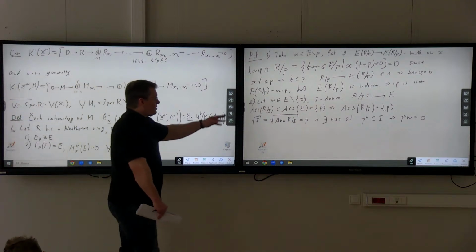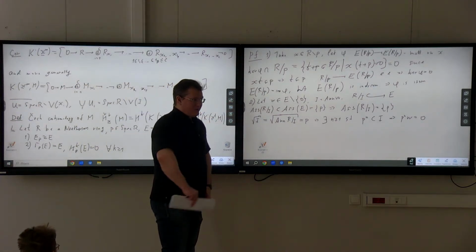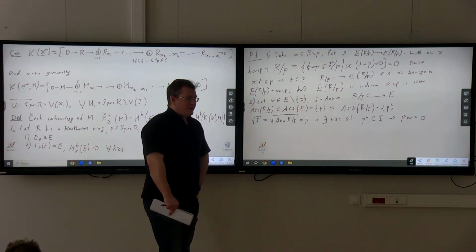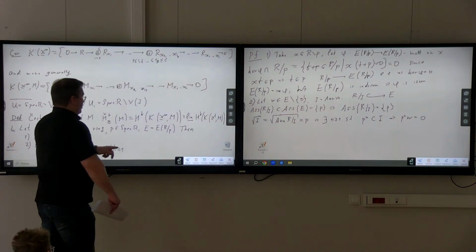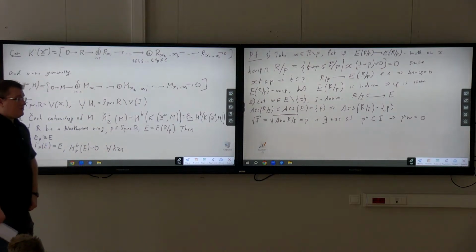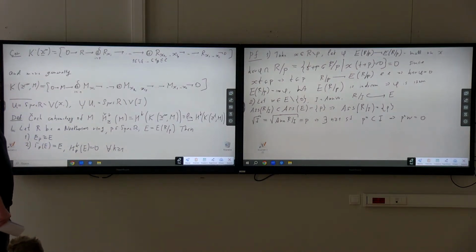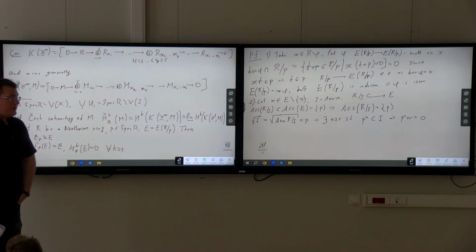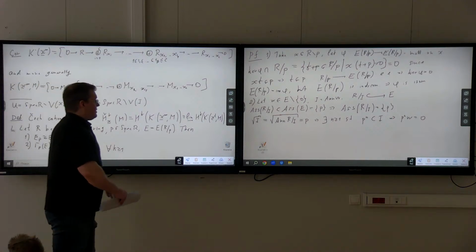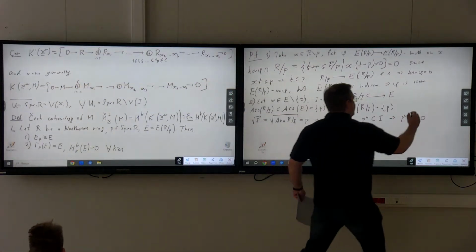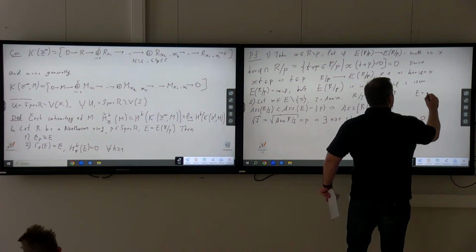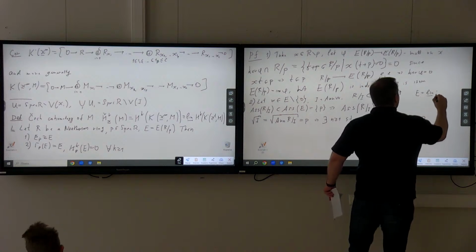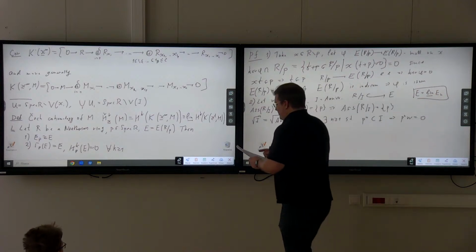The argument with the associated primes and the radical. You actually gave the same proof when we discussed that. So this is just the same proof, but not for a maximal ideal, but for any prime ideal P. The reason why I'm telling you this proof right now is just to fix a little bit of incompleteness in the proof of the matlis duality. There was a claim that I can present E as the limit of the E_n. The proof was incomplete, and this is the completion of that proof.